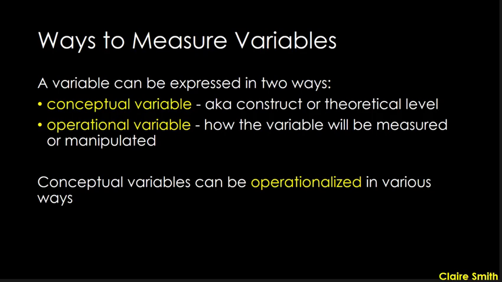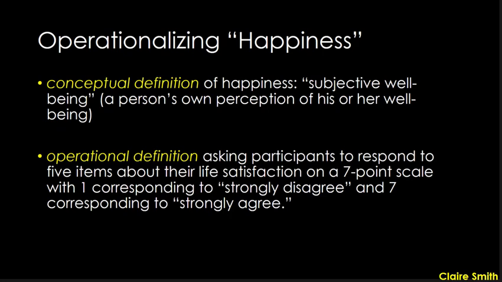Okay, so for example, if we're trying to look at happiness, our conceptual idea of happiness is subjective well-being. So you just want to see, how are people doing? Are they happy? You can look at someone's own perception of his or her well-being, and that's a conceptual idea, right?